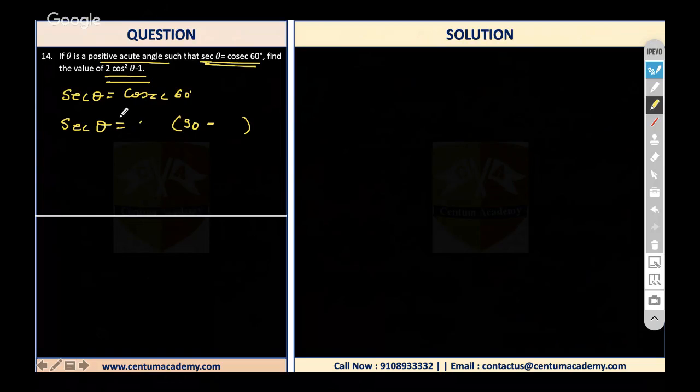So secant theta is cosecant 60, which can be written as cosecant (90 minus 30 degrees). Change the angle first and then change the function. Don't change the function first, otherwise you'll get confused. So 60 can be clearly written as 90 minus 30. Now cosecant (90 minus 30) can be written as secant 30 degrees.